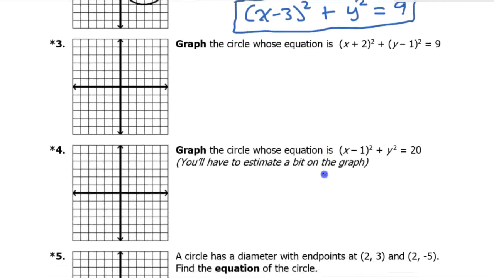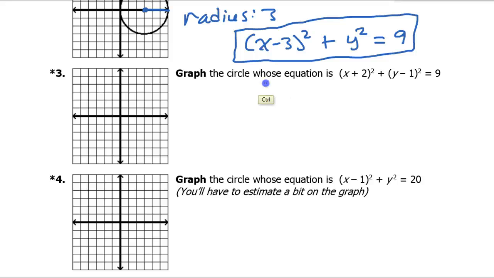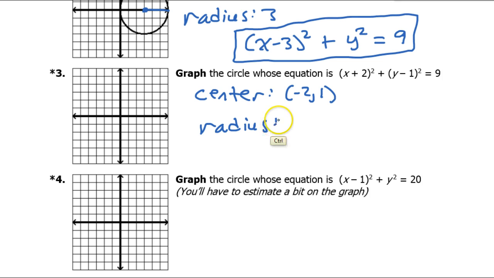Okay. Now this time we're going the other way. So we're given the equation. Looking at the equation, I can tell that the center is negative 2 comma 1. It's the opposite of this and the opposite of this. The radius is 3, it's the square root of 9.